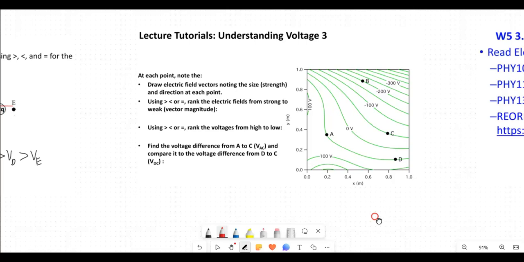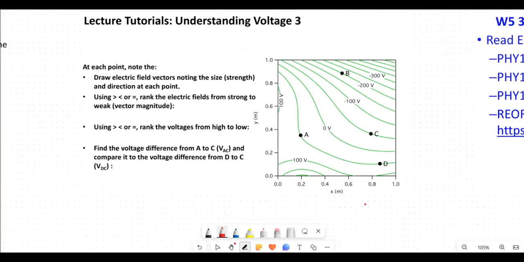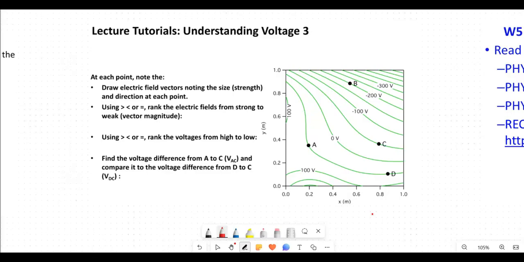Finally is an interpretation of a voltage map. Okay, I love this because you have to consider all the concepts that we learned in the lecture in interpreting this voltage map. First of all, you're supposed to determine the electric field vectors at each one of these points, A, B, C, and D. Then you're supposed to rank those electric field vectors in terms of strongest and weakest, and rank the voltages from highest to lowest.